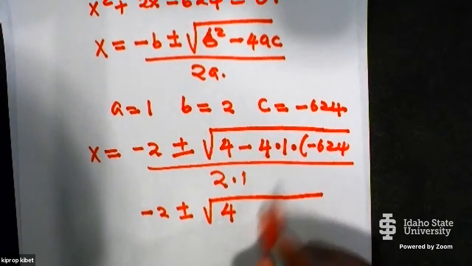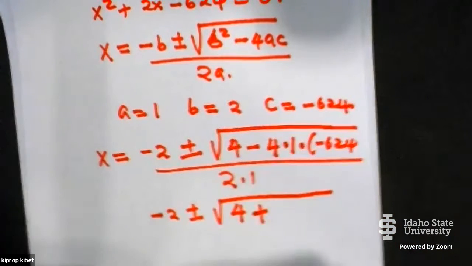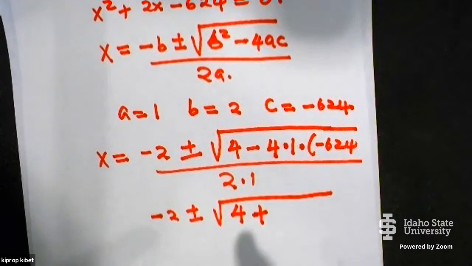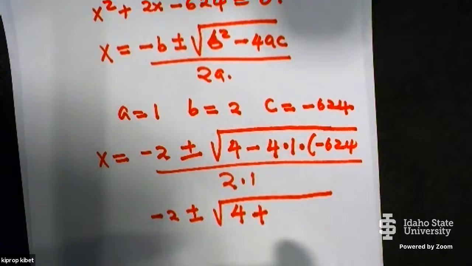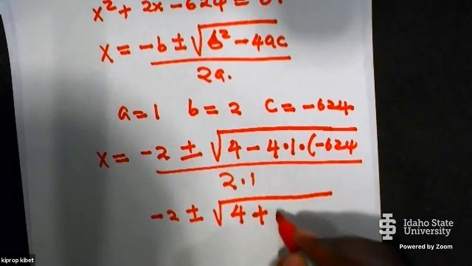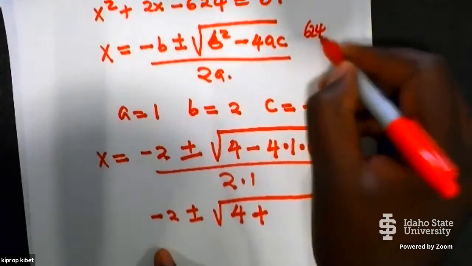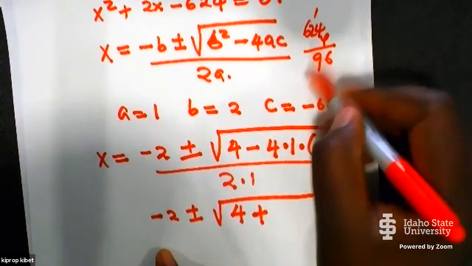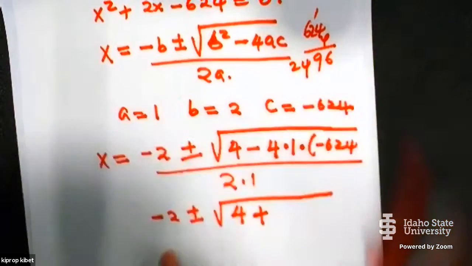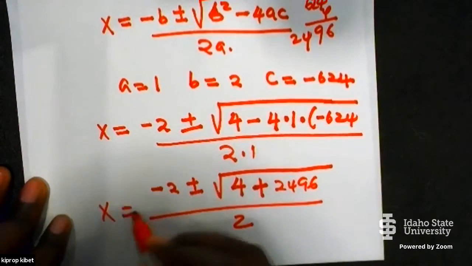This minus and that minus will be plus. 624 by 4, what do you get? 624 times 4 is 2496. So 2496 is all over 2. So that is x.